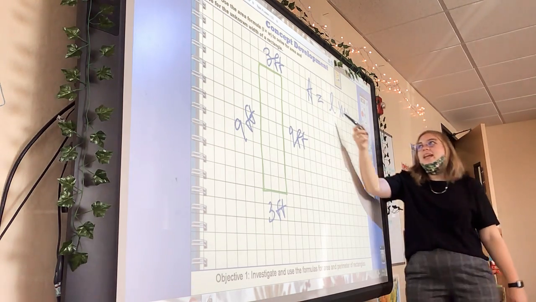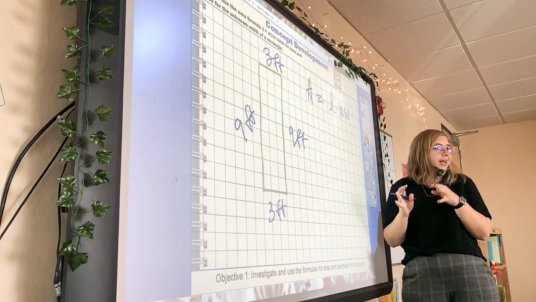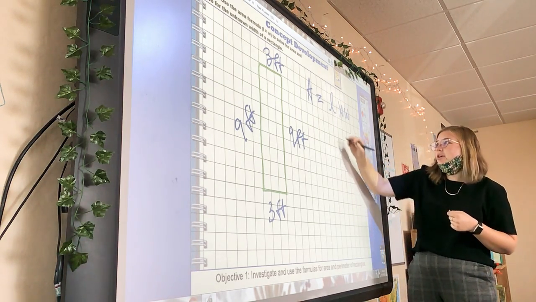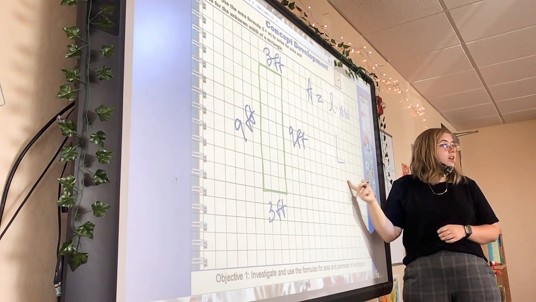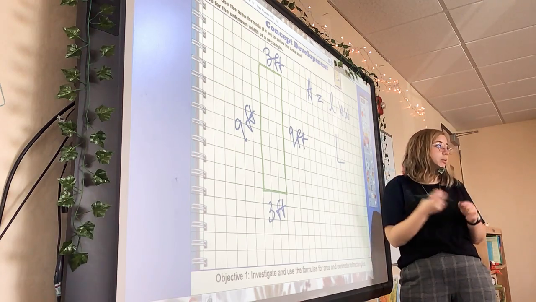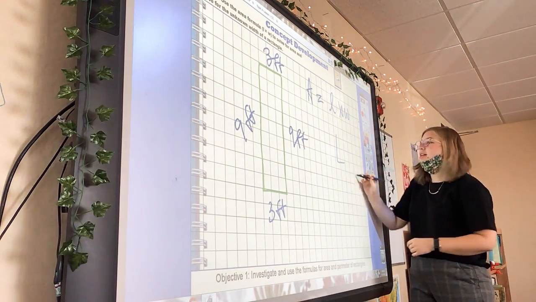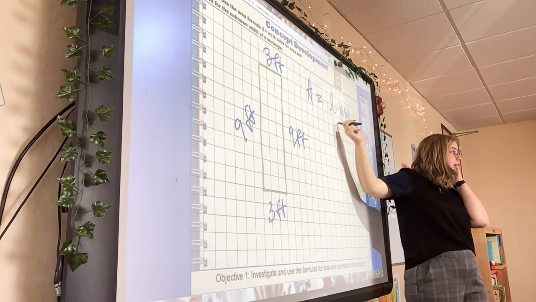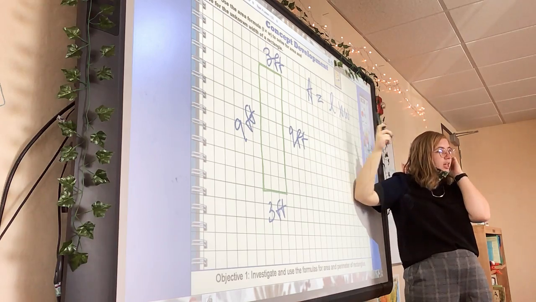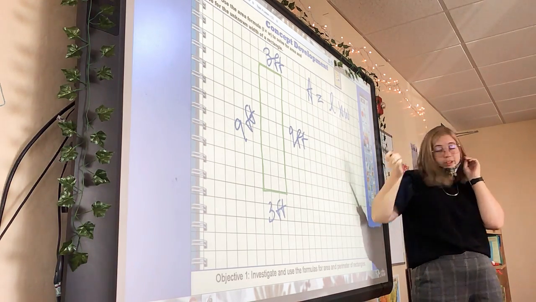When we see a lowercase cursive L, we know we're talking about length. A normal uppercase L also means liters, which is a way to measure liquid. We don't want liters, we want length. So please make sure your L is a lowercase cursive L. It's also just fun to write.